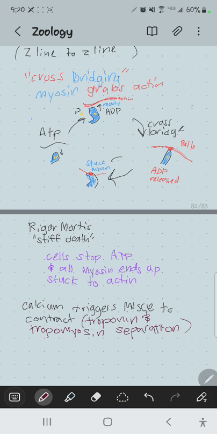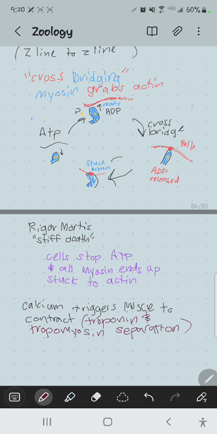Colors here. Let me use black here. Calcium binds into these troponin sites, and the tropomyosin can actually separate from the actin, and muscle contraction starts.